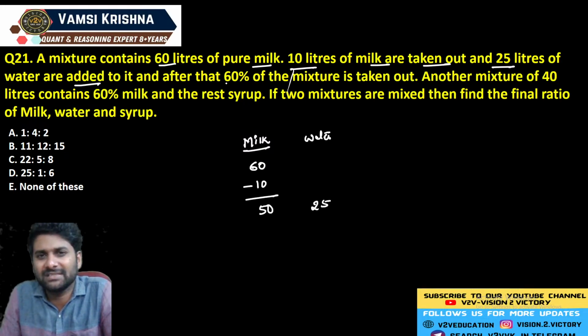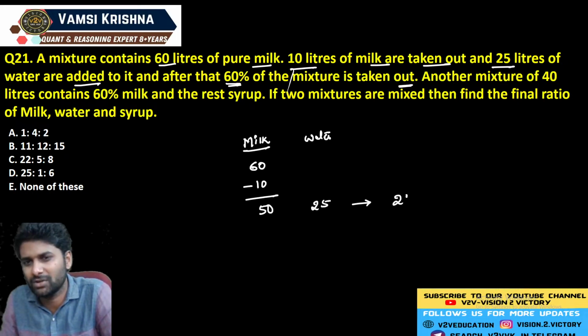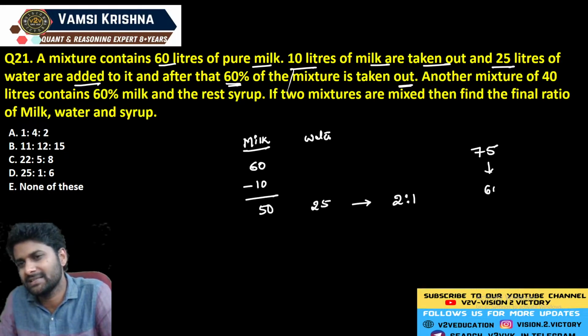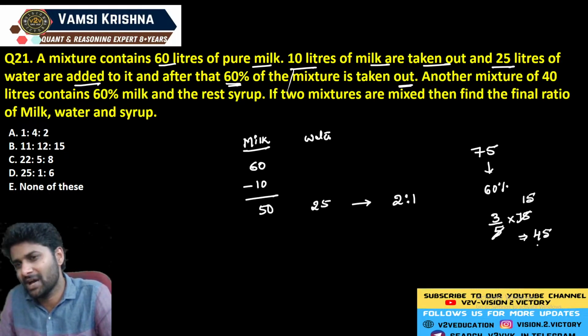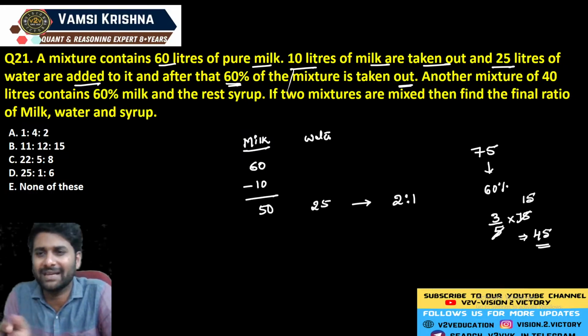Next, after that 60% of the mixer is taken out. Now see, in 75 liters, the ratio of milk and water is exactly 2 is to 1. Out of 75 liters, we are taking 60% of that value, which is 3 by 5th of 75 liters. It means we are removing 45 liters, consisting of both milk and water.